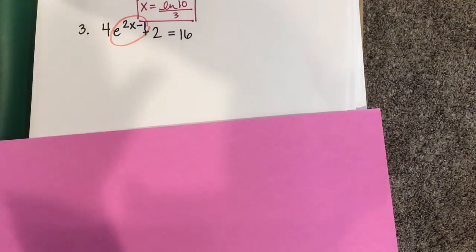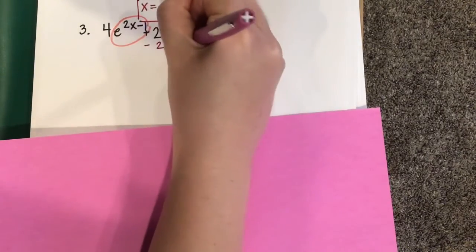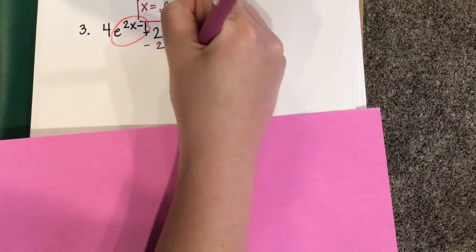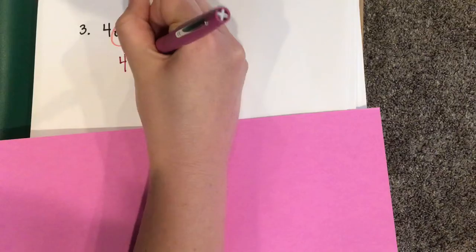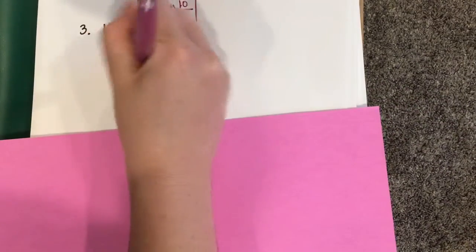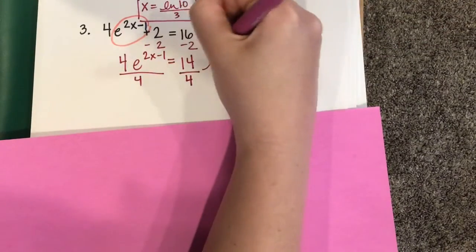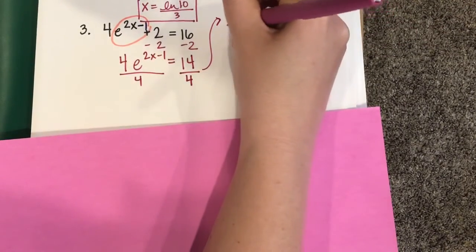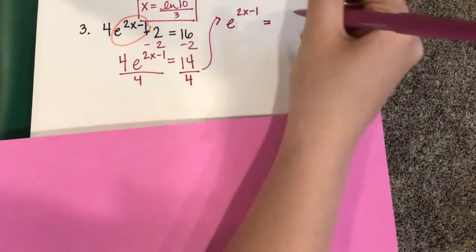So I'm going to subtract 2. All right, but I still have this 4 up front. So if I divide both sides by 4, now I'm left with e to the 2x minus 1 equals 7/2.